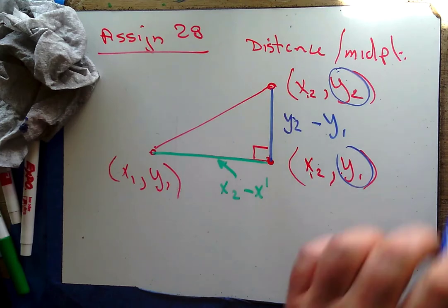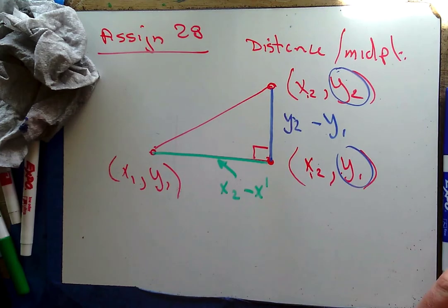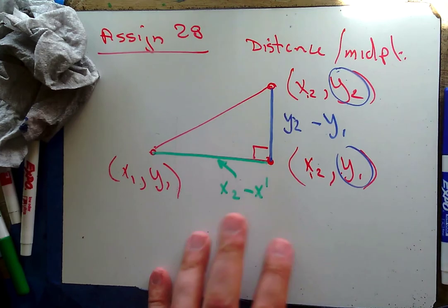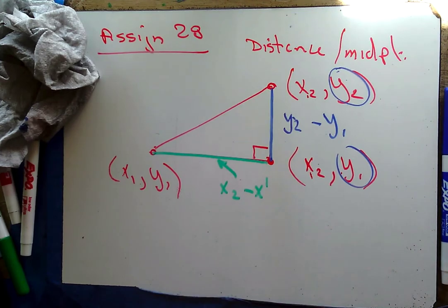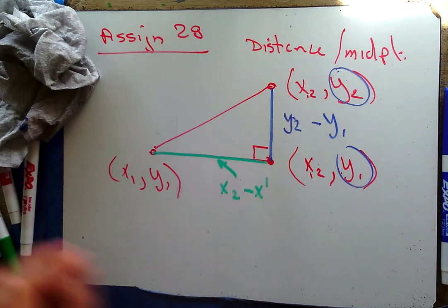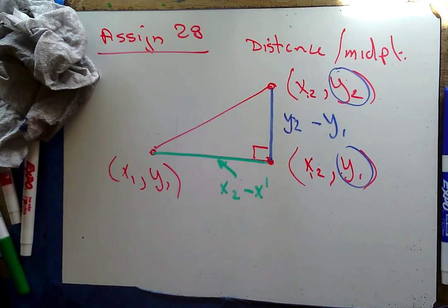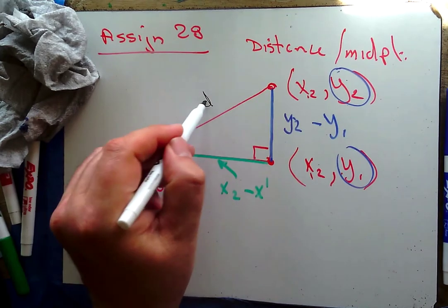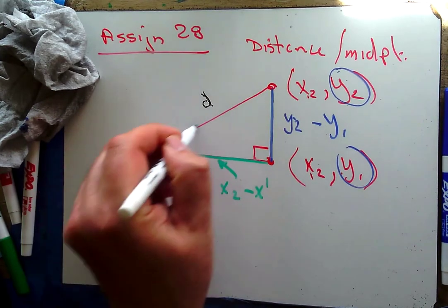Alright, now what's that going to get me? Well, what I'd like to do is figure out what the distance formula would be. So let's claim this place over here to be the distance between the 2 points.